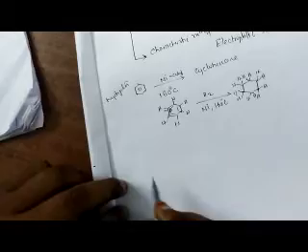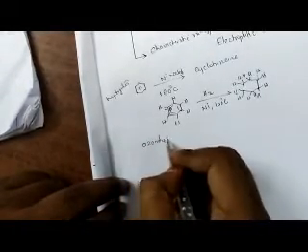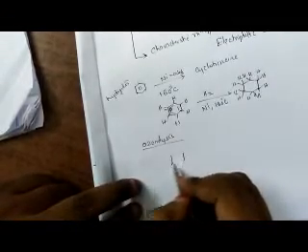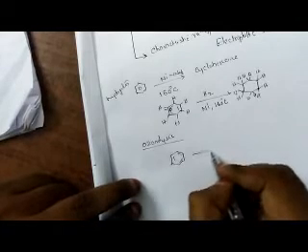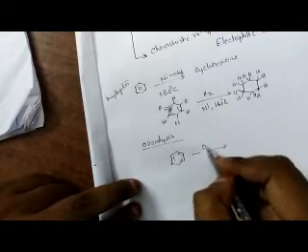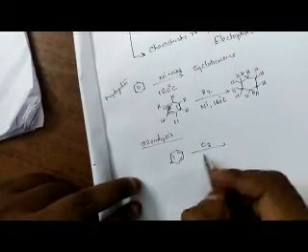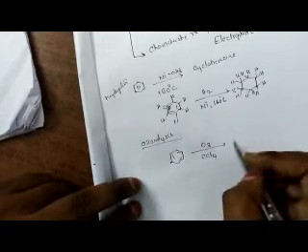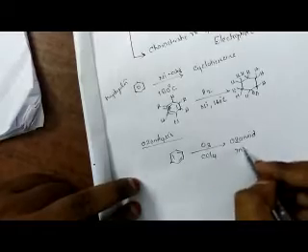The second reaction is ozonolysis. In ozonolysis, benzene is treated with O3, that is ozone, in presence of CCl4, and we will get an ozonoid intermediate.